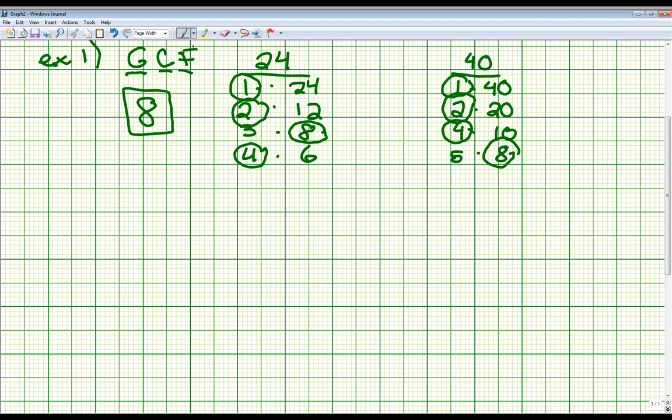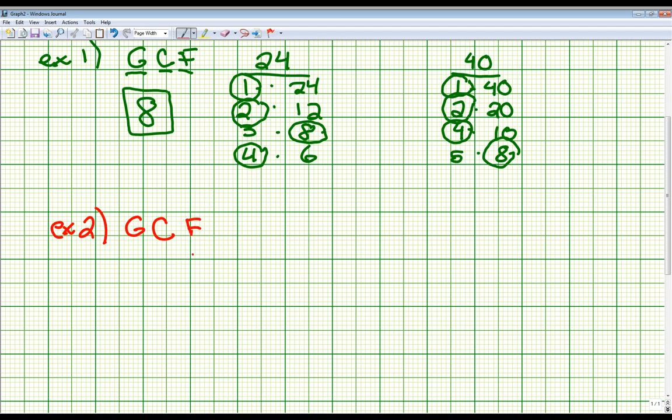So we're going to change colors and look at example 2. All right, so for example 2, in the book on page 32, it says finding the greatest common factor using prime factorization. So we're going to use prime factorization here to find the GCF.